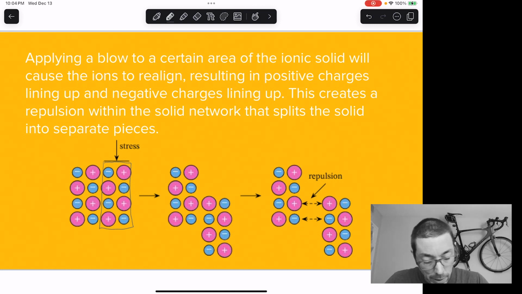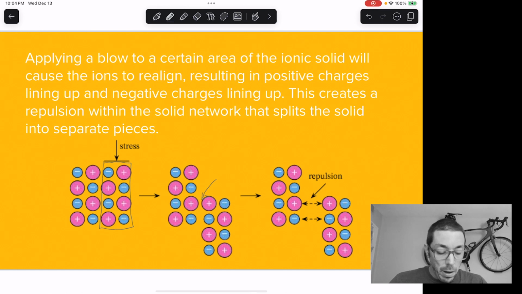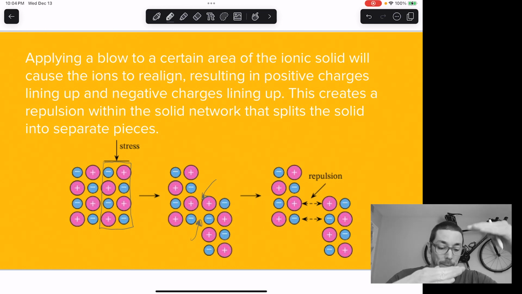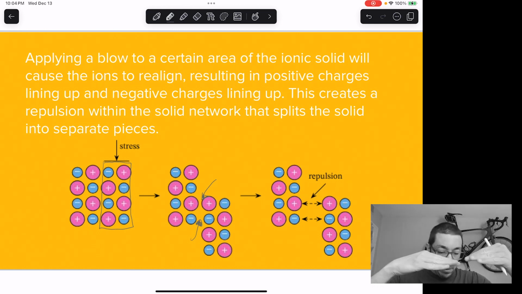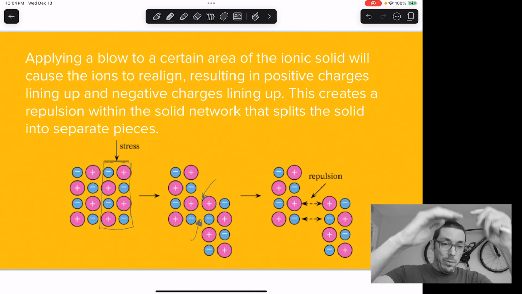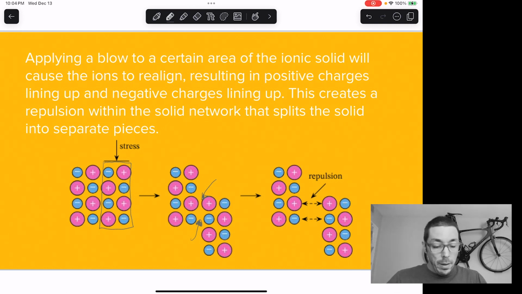Now you can see that we've got a positive lined up with a positive, and a negative lined up with a negative. But that pairing doesn't just happen right there. It happens all the way through, from top to bottom, through that solid network.